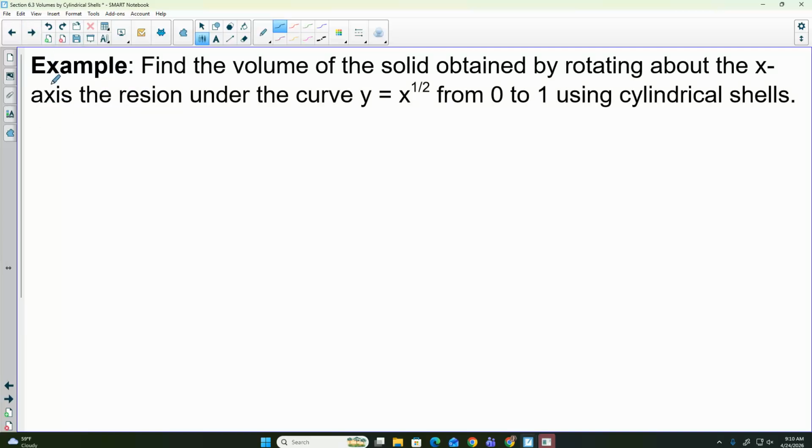Let's try a couple more. So I want the volume of the solid obtained by rotating around the x-axis the curve y equals x to the 1/2, so the square root of x. But I am rotating this around the x-axis.